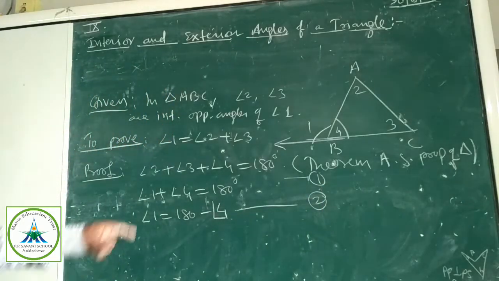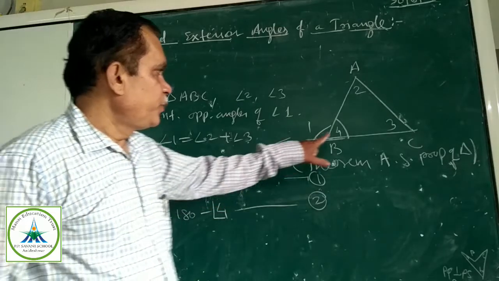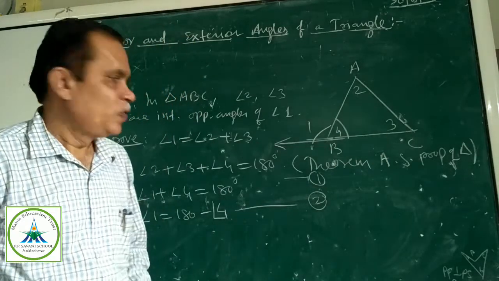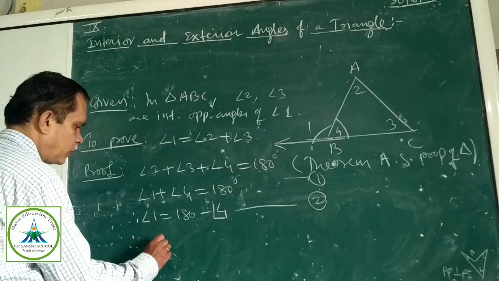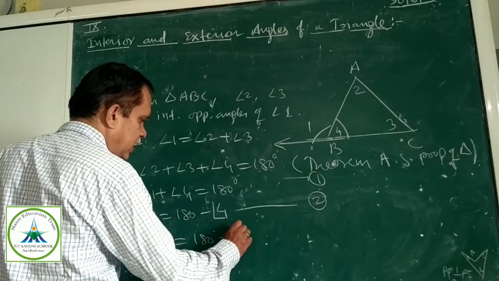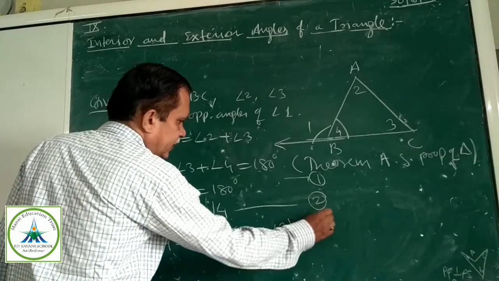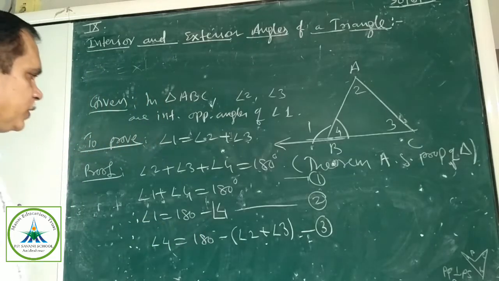Right? Now see, from this, 2 plus 3 plus 4, we can write 4 in terms of 2 and 3. Yes or no? Therefore, angle 4 equal to 180 minus bracket angle 2 plus angle 3. Yes or no? Look here.